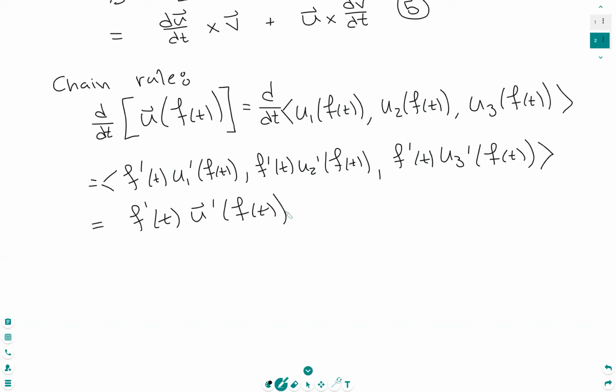And that looks exactly like a chain rule. If u was a scalar function, we wouldn't have this vector here, but it works very similarly. We still have the derivative of the original thing with f of t in it times the derivative of what's inside, this f prime. Okay, and that could be our rule 6.